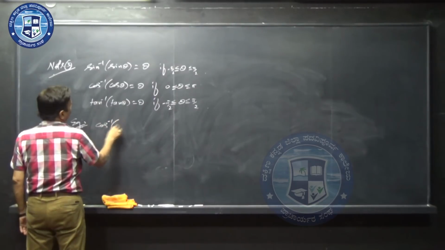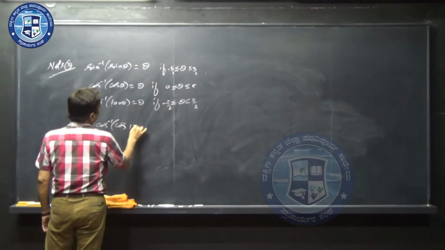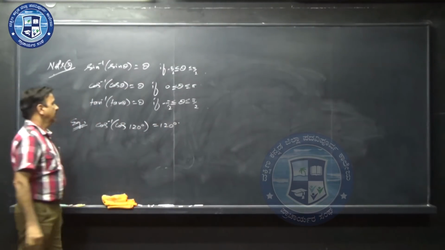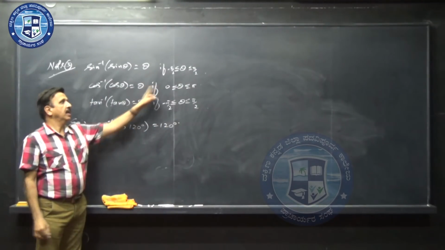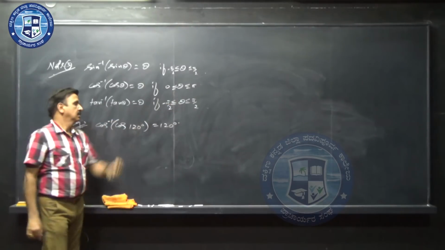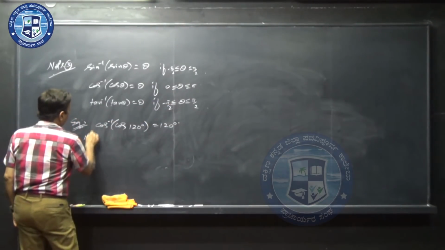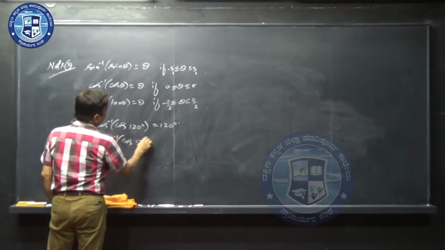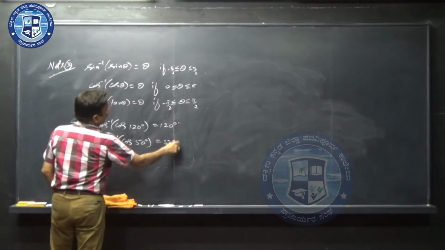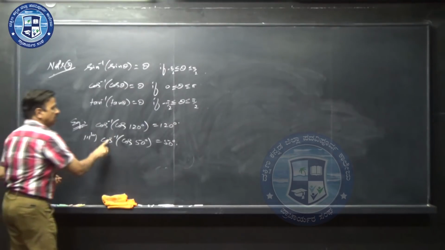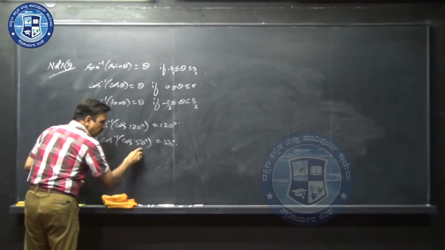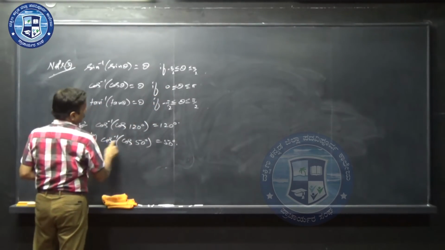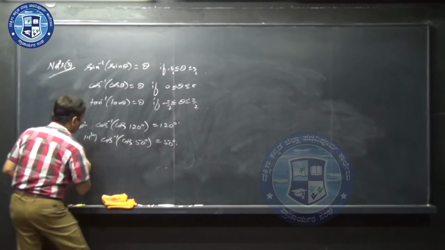Cos inverse of cos 120 degree can be 120 degree. You know why? Because 120 degree is between 0 and 180. Similarly, cos inverse of cos 50 degree equals just 50 degree, because this angle lies between 0 and pi, so this effect can be nullified and 50 degree remains.